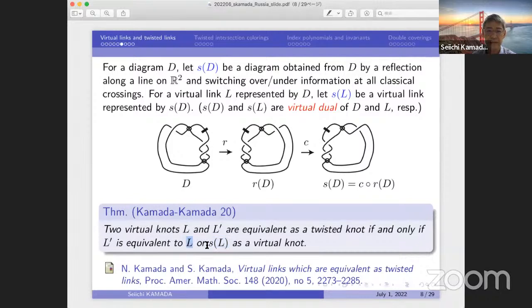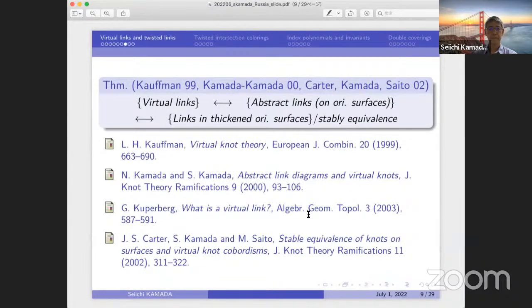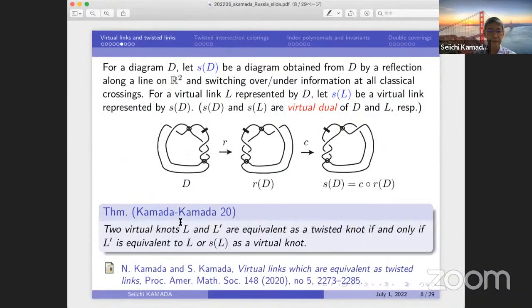So L and SL are mapped to the same twisted link. This theorem is for the one-component case, but for the general case, the result is found in this paper.